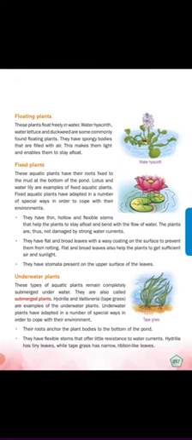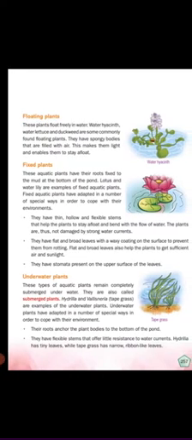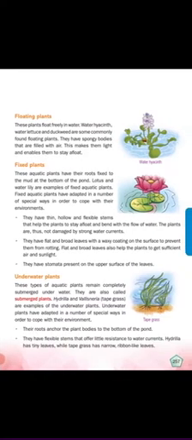Okay, so fixed aquatic plants have adapted in a number of special ways. What are the necessary things for them? They have thin, hollow and flexible stems. How will the stems be? Thin, hollow and flexible, okay? They don't float because the roots are attached to the mud.